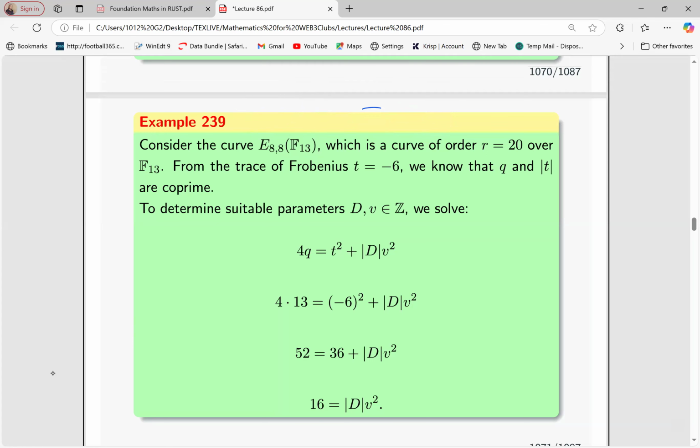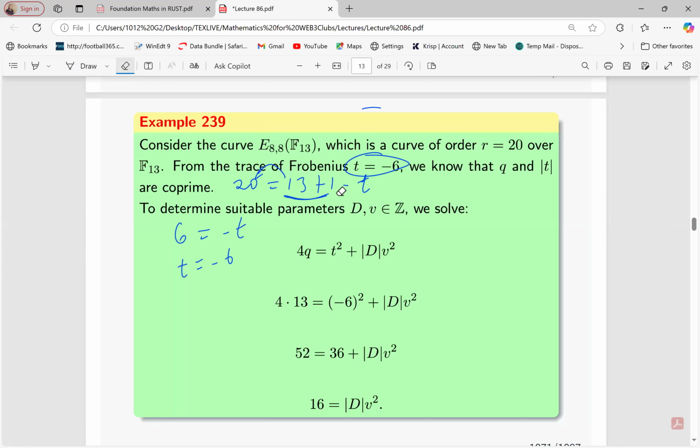The number of points, 20, should be equal to 13 plus 1 minus t. So this is 14. Take the other side. You have 6 is minus t, so that t is -6. So our trace is -6.